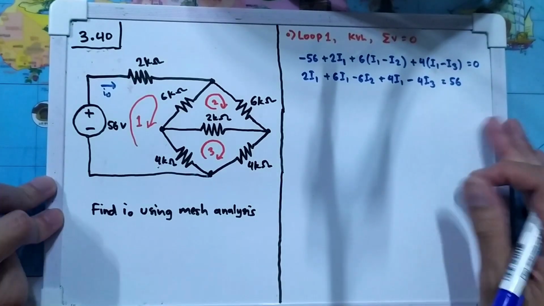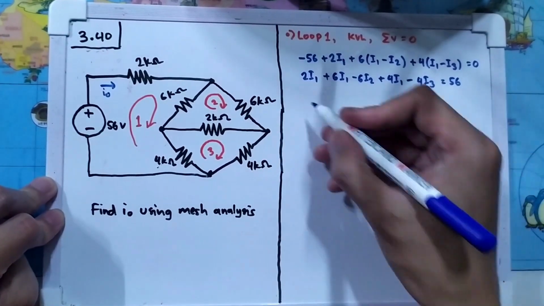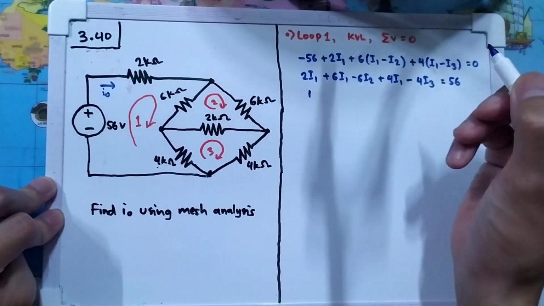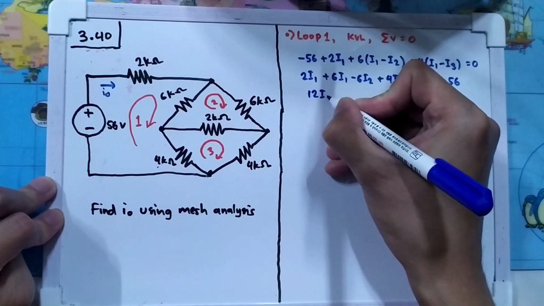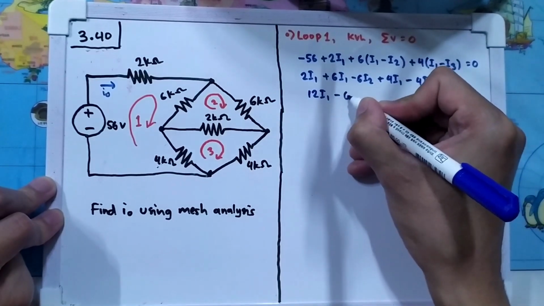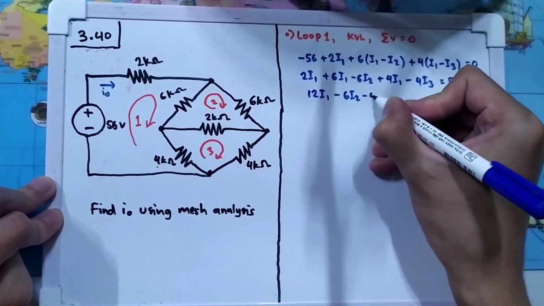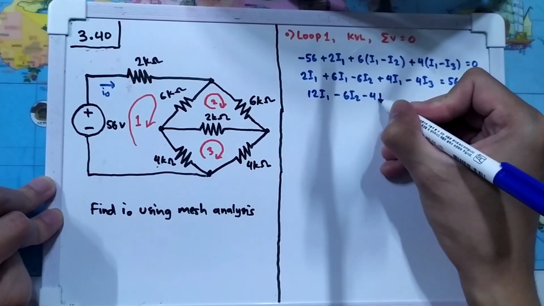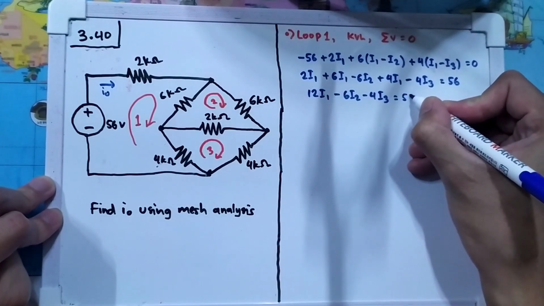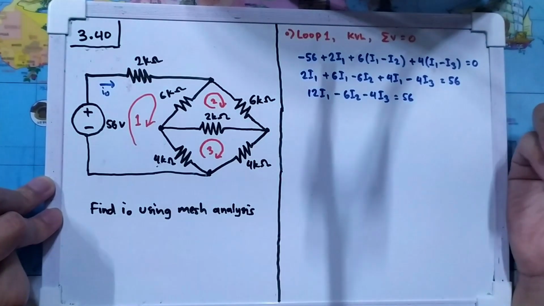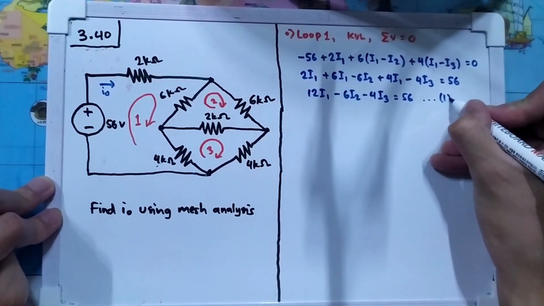Okay, now we will have 2 plus 6 plus 4, that is 12. 12 I1 minus 6 I2 and minus 4 I3 is equal to 56. And I will just leave this as equation number 1.